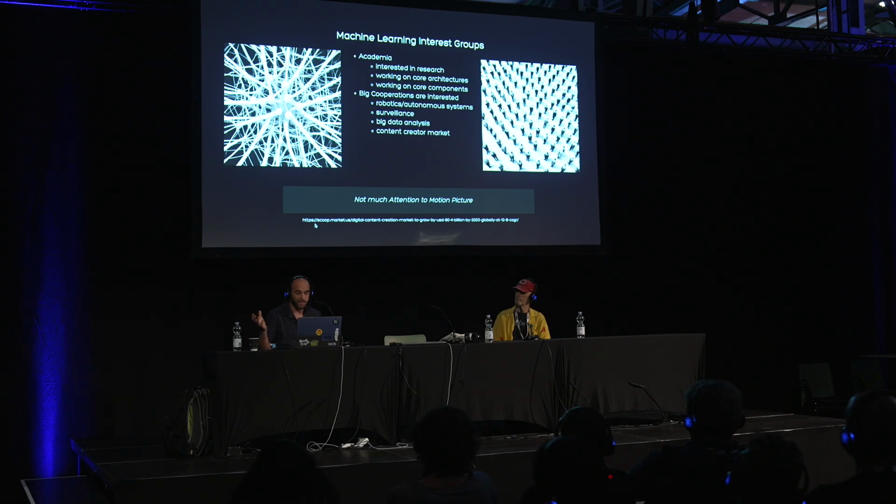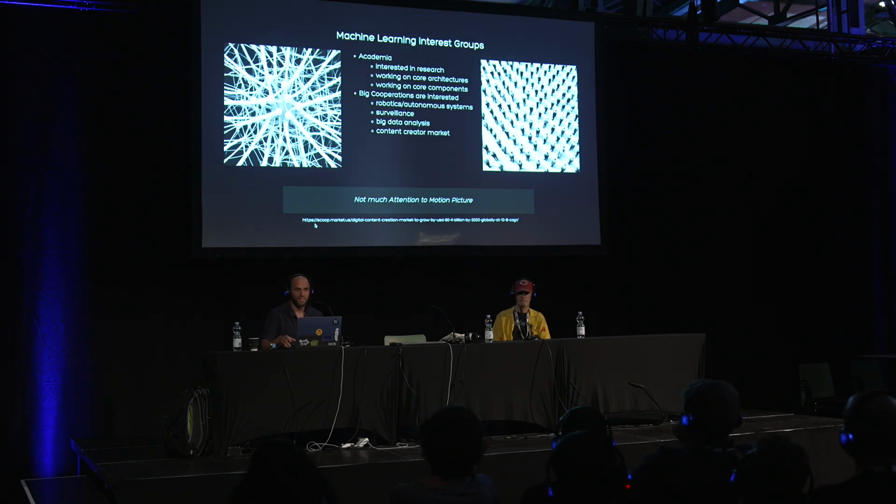On the one side, we have academia, and they are interested in the real research topics, making the new core architecture changes and the new components and driving the field forwards. And we need a lot of innovation, because the last real innovation is from 2017. So from 2017, really nothing paradigm shifting has been developed in machine learning.